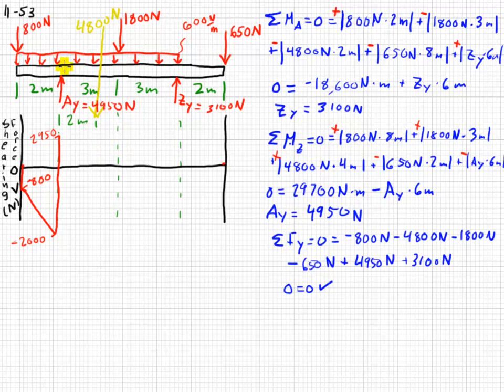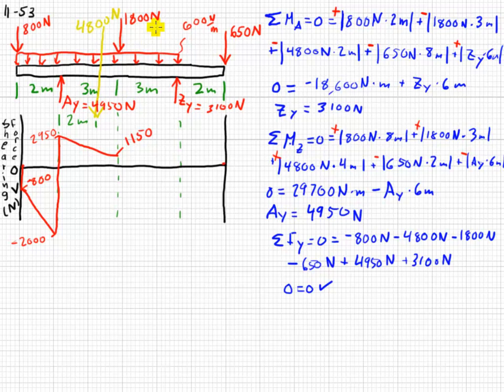Then over the next 3 meters, we go down another 600 newtons per meter. So that's a total of 1,800 newtons. So this 2,950 subtracts 1,800 newtons off of it to here for 1,150 newtons.